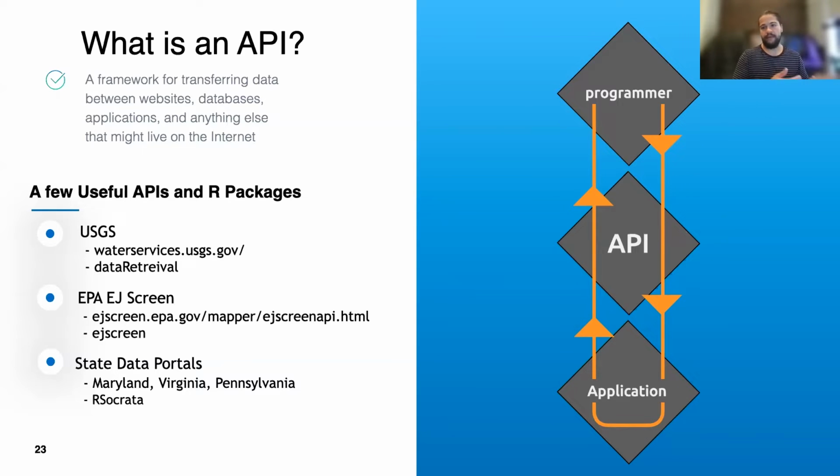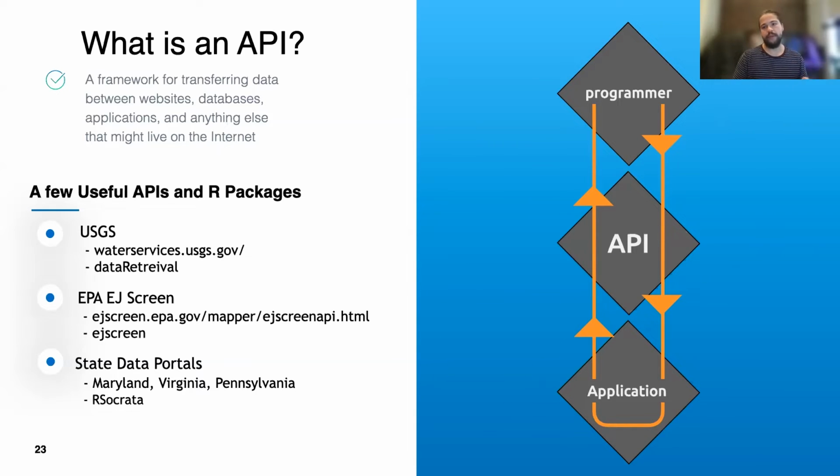You may have also heard of EJScreen, a tool for identifying a certain geography's vulnerability to pollution and also their resiliency to pollution. So you can access EJScreen data through their API, I should say, at ejscreen.epa.gov/mapper/ejscreenapi.